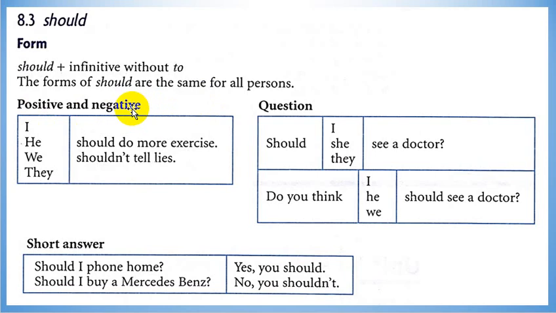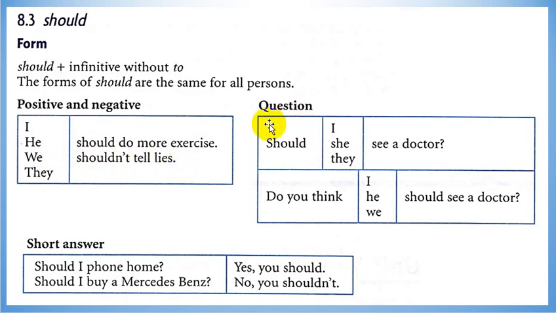In positive and negative statements: I should do more exercise. Should plus infinitive without to. He should do more exercise. We shouldn't قلنا إضافة n بارزة t. We shouldn't tell lies. يجب أن لا نكذب. They shouldn't tell lies. يجب أن لا يكذبوا.